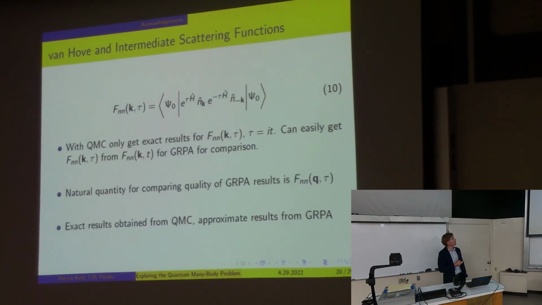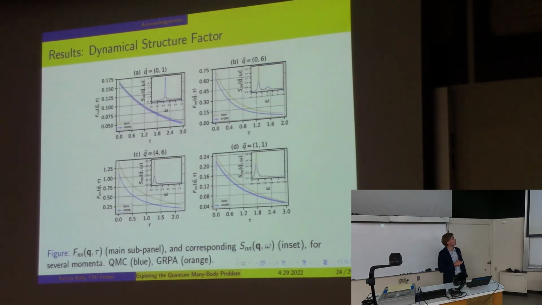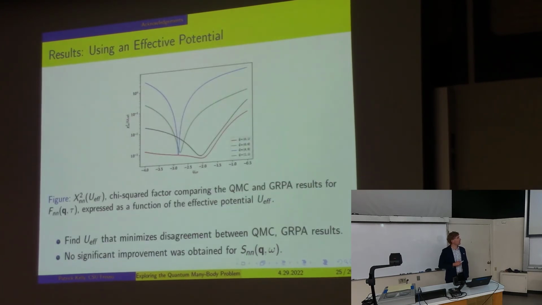So we thought, okay, let's fiddle around with the potential energy, the U parameter that we use in BCS theory and GRPA, and find which value of U will minimize the difference between this guy and this guy, through a sort of effective potential idea. So I used a chi-square plot. I ran a bunch of GRPA calculations, each for a different U effective, to get these nice smooth curves.